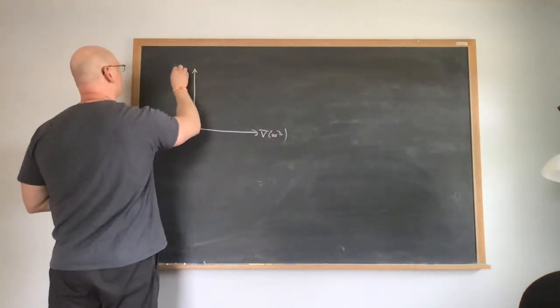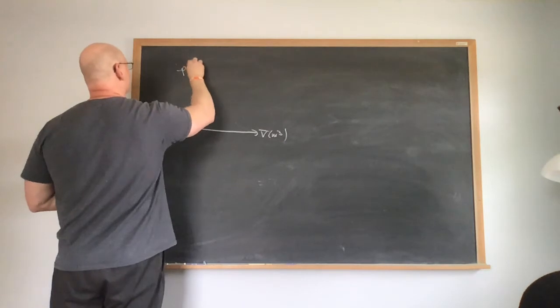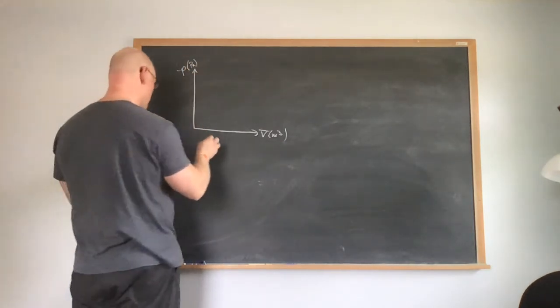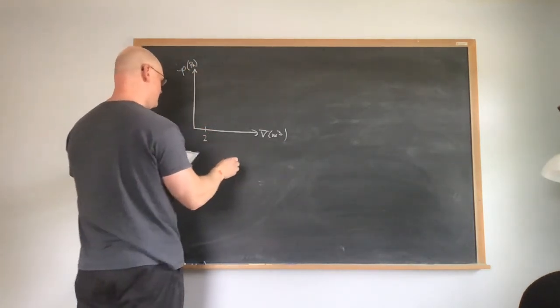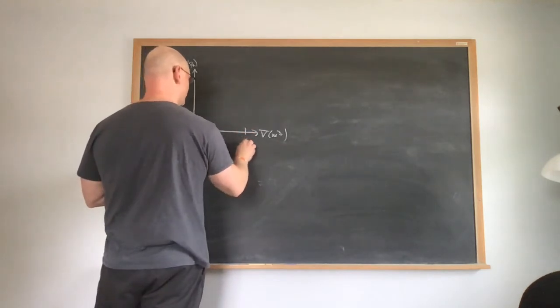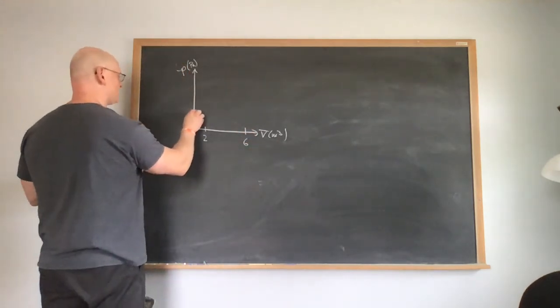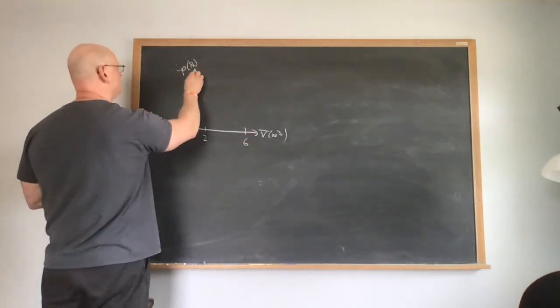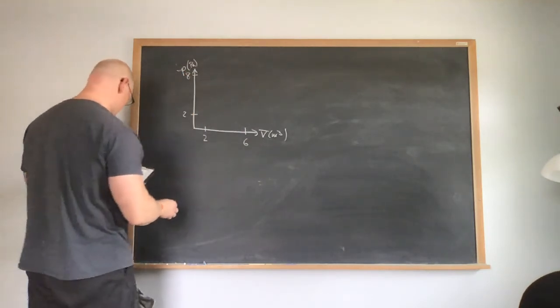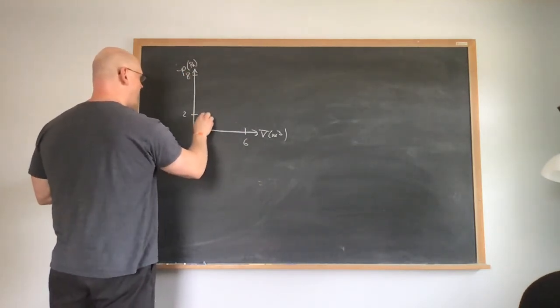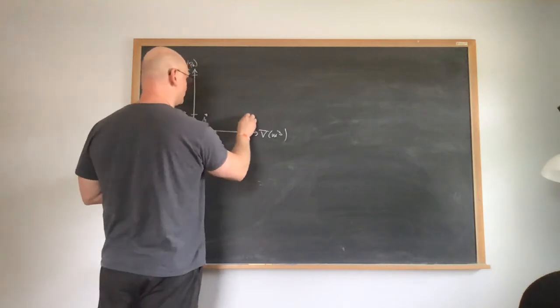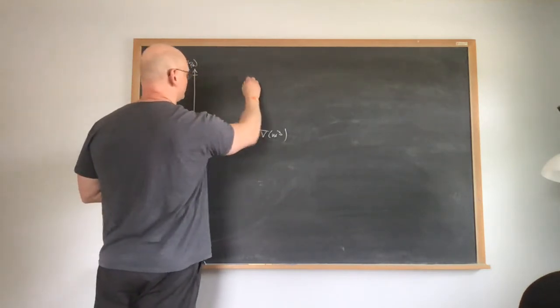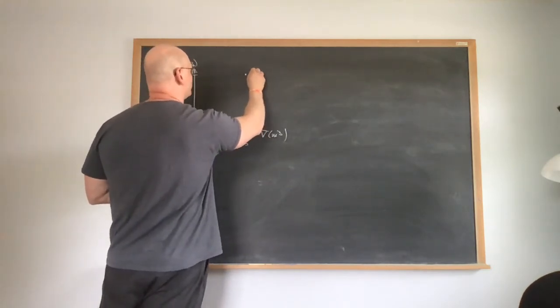Here I have pressure in pascals. So this is going to start here at 2 meters cubed and here at 6 meters cubed. Starts here at 2 pascals and then ends at 8 pascals. So this point here is point A. This point here is point C. And this point here is point B.